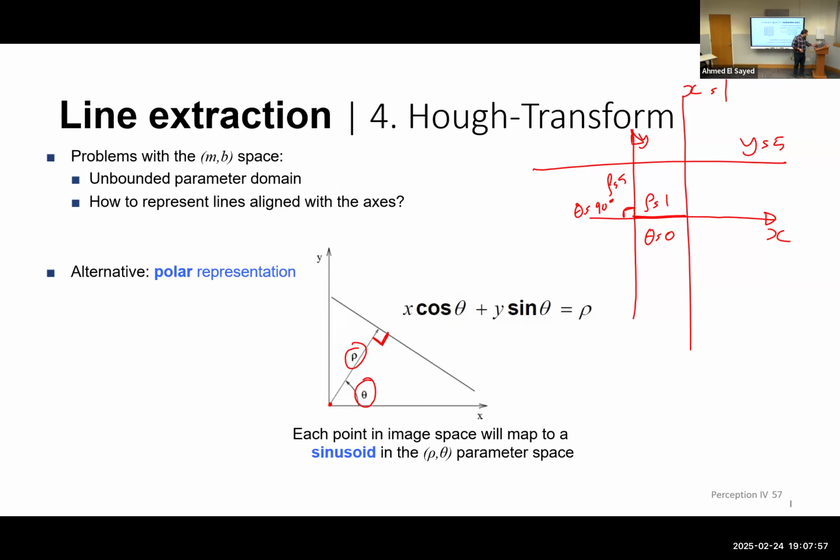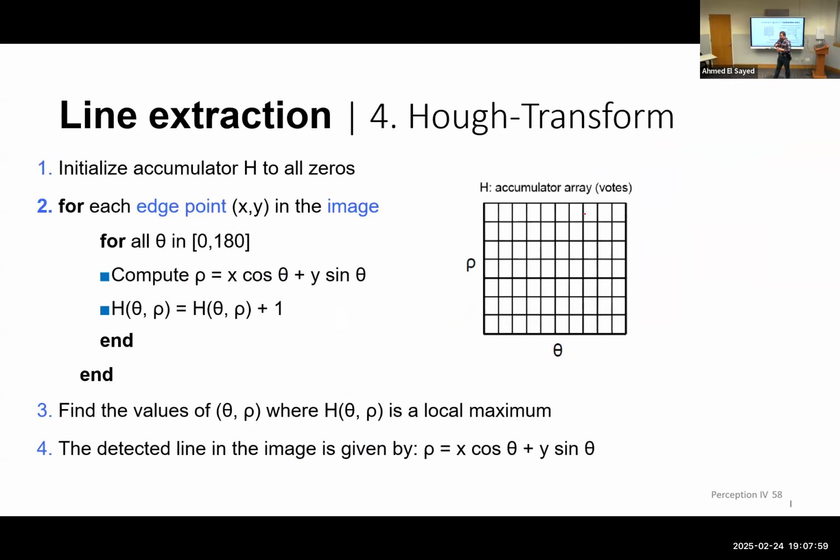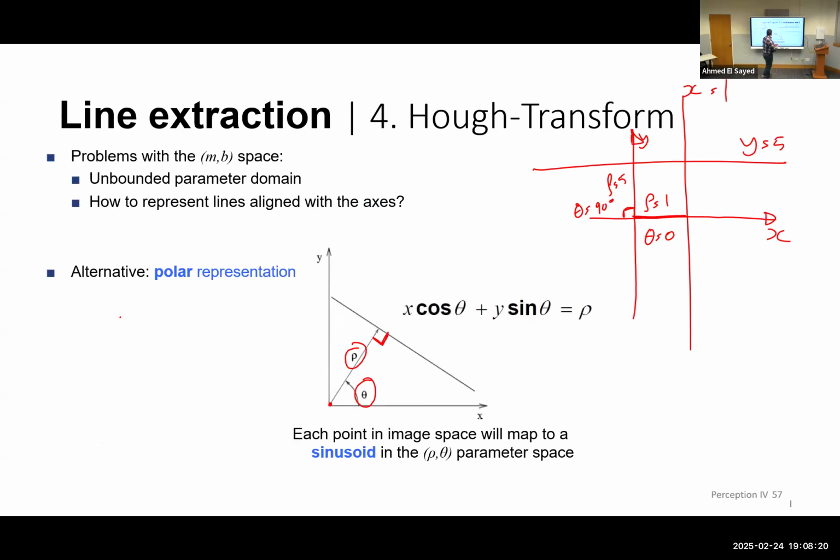Now, assume that I have a bunch of points in the space. Can I use those points to find the line? They said yes. First, what are all possible values of theta? We can start with theta equals 0 for this perpendicular line, then rotate until it arrives at the other one.